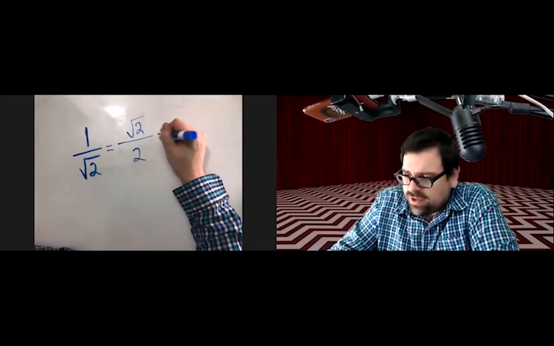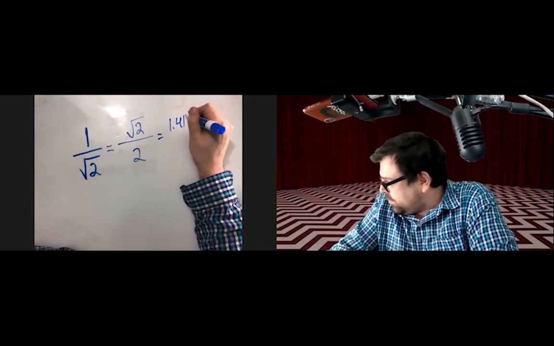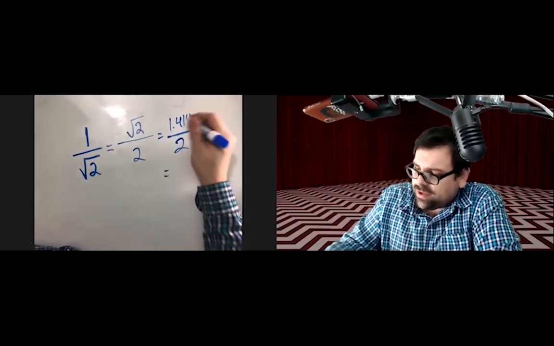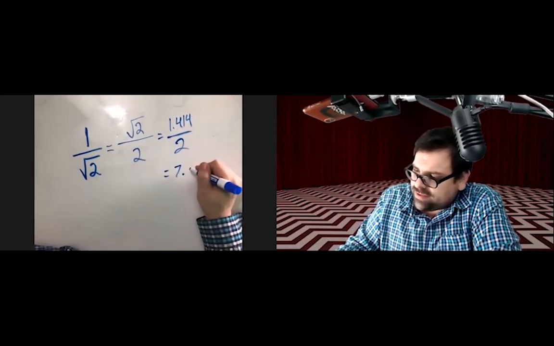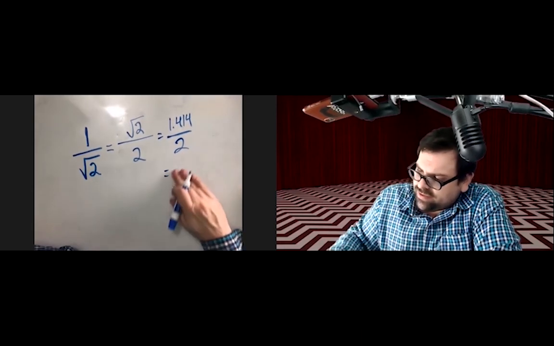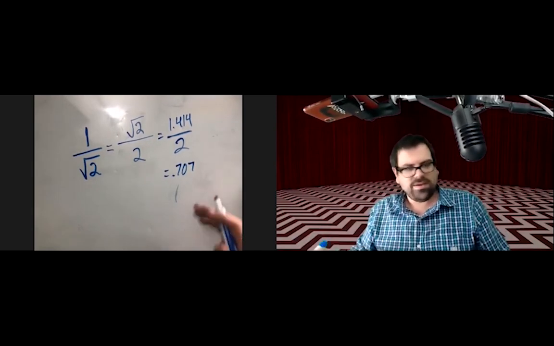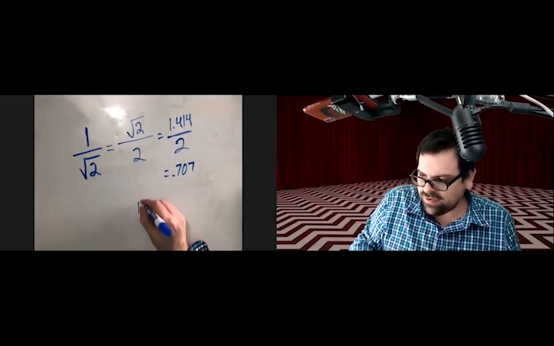Radical 2 over 2, that's 1.414 whatever divided by 2. I could really quickly say that that's about 0.707. Just kind of took half. Dividing by 2 is easy, even if you did it by hand.